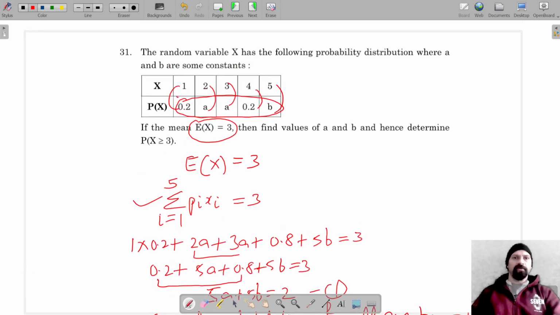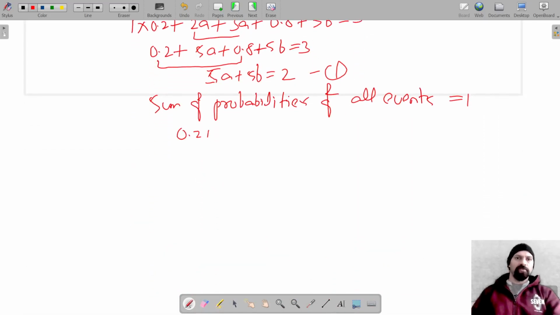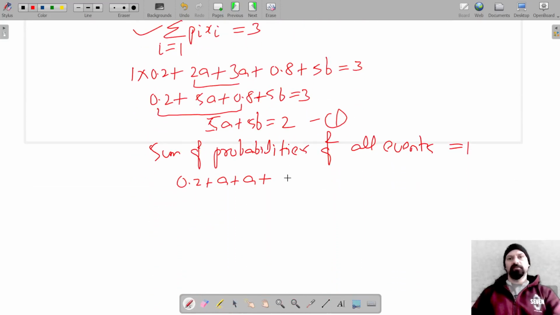That means the probability of x is equal to 1. These are the probabilities. Let's add them. So 0.2 plus a plus a plus 0.2 plus b should be equal to 1. So 0.2 plus 0.2 is 0.4, and a plus a is 2a. This is 2a plus b, and 1 minus 0.4 is 0.6. So this is our second equation.